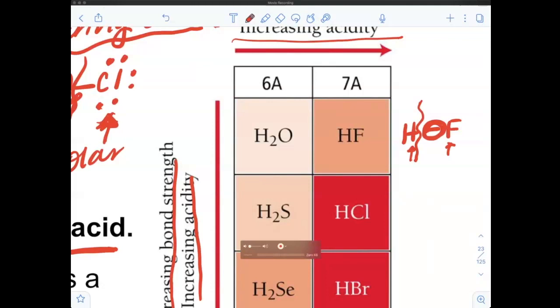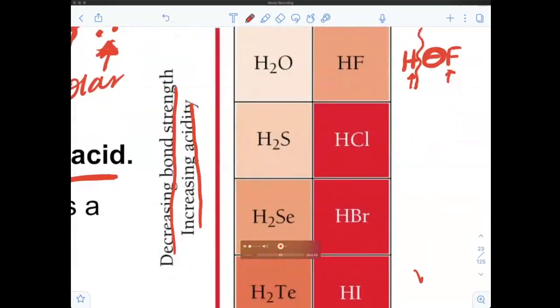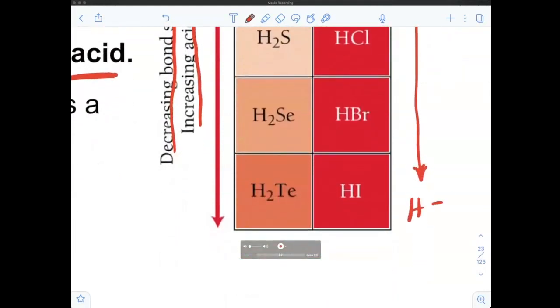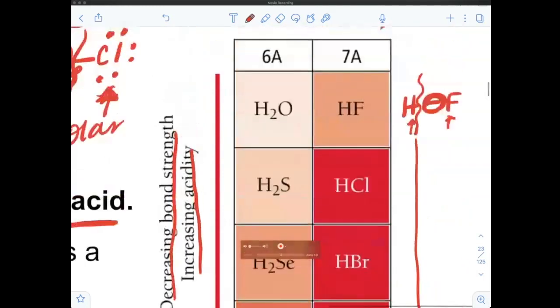Going down the group, the bond strength decreases. The HI bond is actually very weak, so this hydrogen can come off very easily. Because it can come off very easily, HI is a very strong acid compared to HF, which is a weak acid.